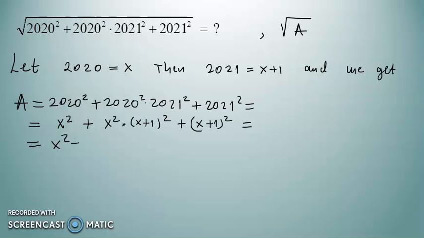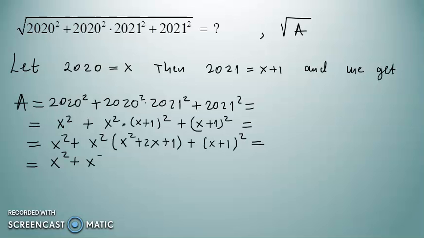We have x squared plus x squared times the binomial squared, x squared plus 2x plus 1, and plus x plus 1 squared. Let's transform it totally. What will we have? x squared plus x squared times x squared plus 2x plus 1, and plus, this is the same, x squared plus 2x plus 1.